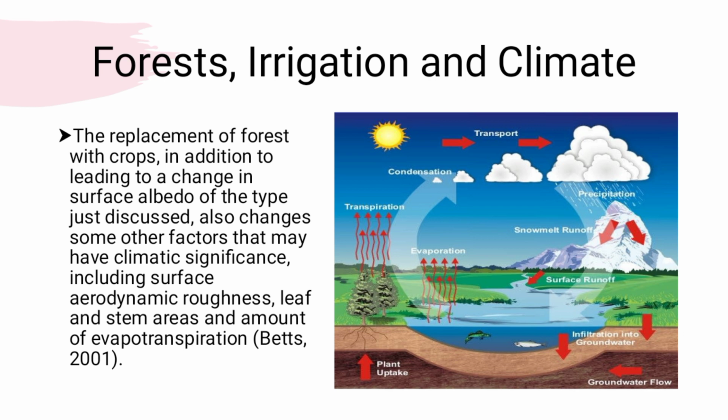Replacement of forest with crops, in addition to leading to change in surface albedo of the type just discussed, also changes some other factors that may have climatic significance, including surface aerodynamic roughness, leaf and stem areas, and amount of evapotranspiration.